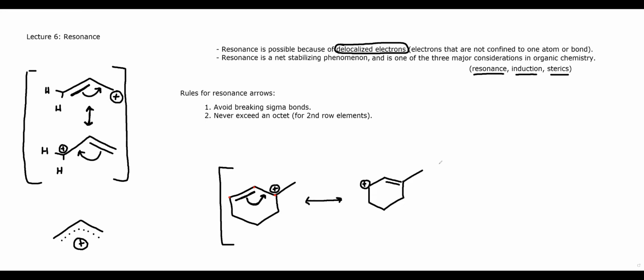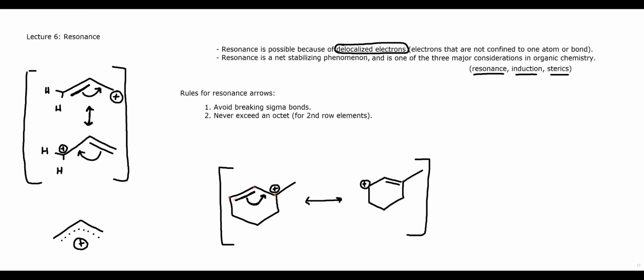So these would be the 2 resonance structures for this molecule. We can draw the double bond as it is on the left, or we could draw it between the second and third carbon in this little chain over here. Ultimately, there's not one set position for these 2 electrons.